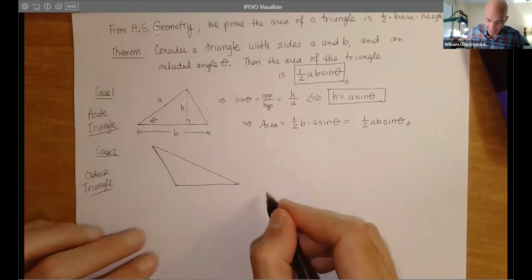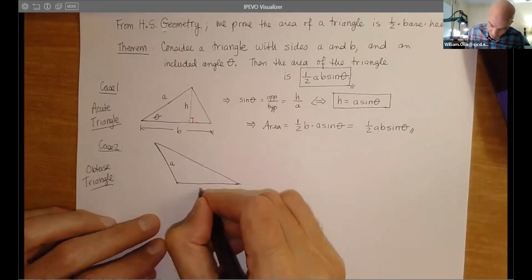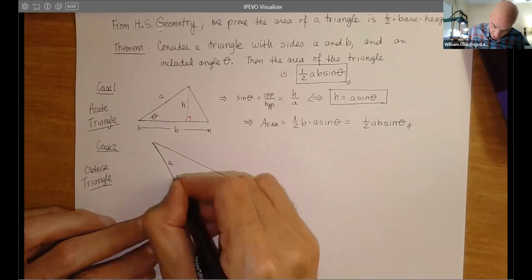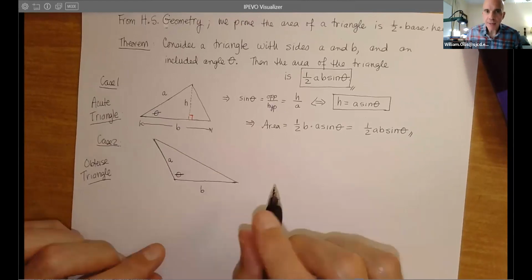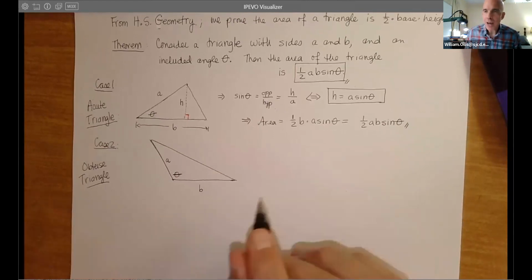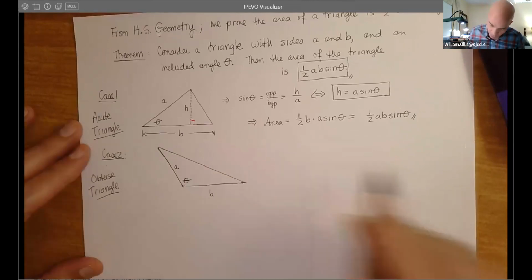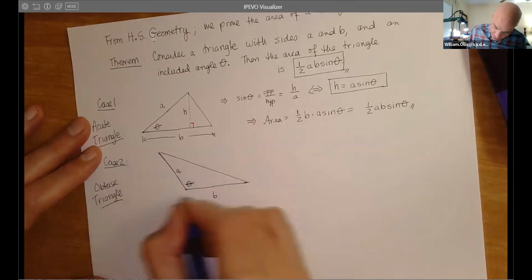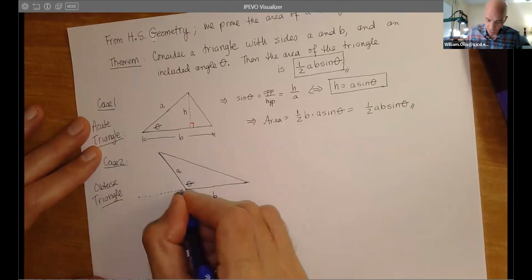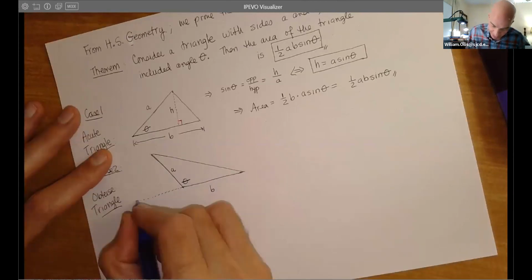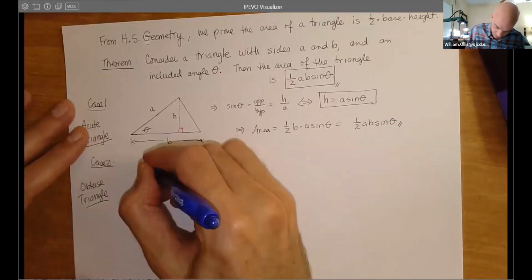Now, if you like, it doesn't matter. We can call this A and call this B, and there's the included angle. So again, two sides of a triangle and included angle. Now, of course, we want to extend side B so we can drop the perpendicular, because we can't really drop the perpendicular inside the triangle like we did here. And so we can do it now.